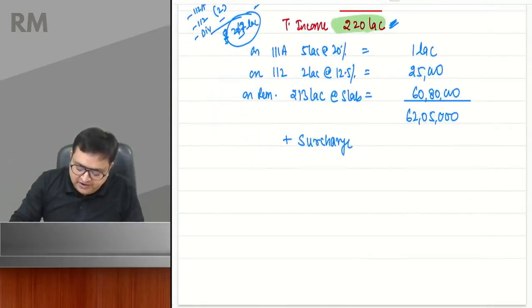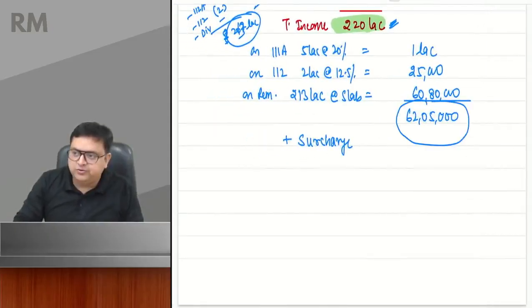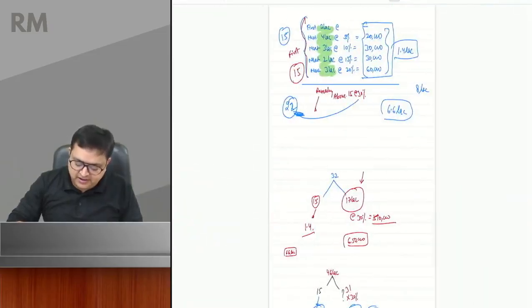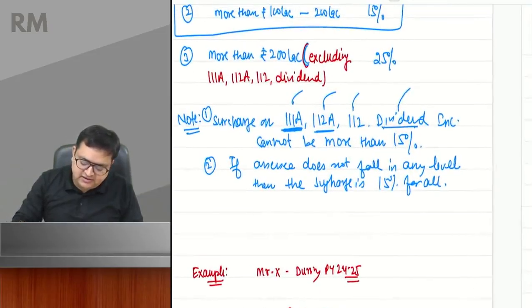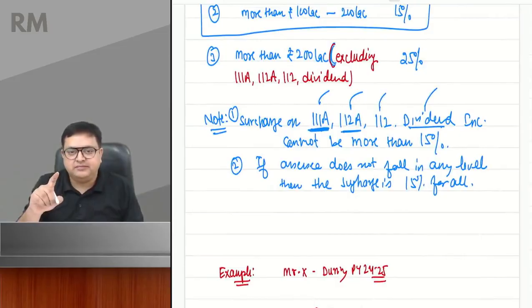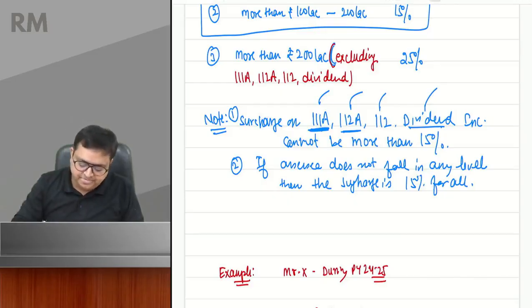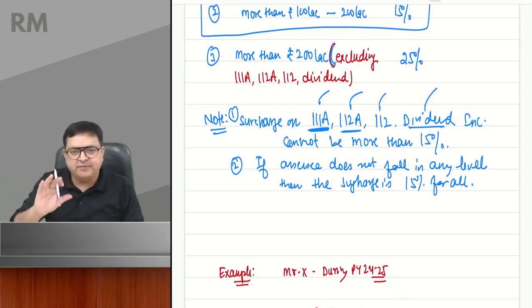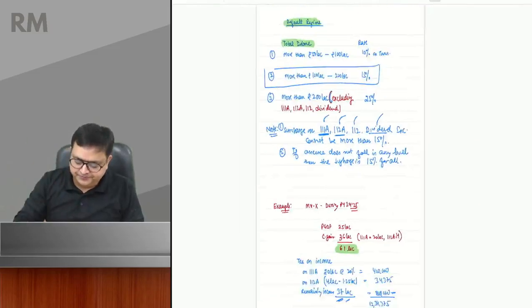Can I apply 25% on all? No, no, no, no, no. 25% I have to apply, but not on all. Why? See, what is note number 1 saying? That on stock market income, we should not give more than 15%. Surcharge on 111A, 112A, 112, dividend cannot be more than 15%. So 25% you will be applying, but not on all.